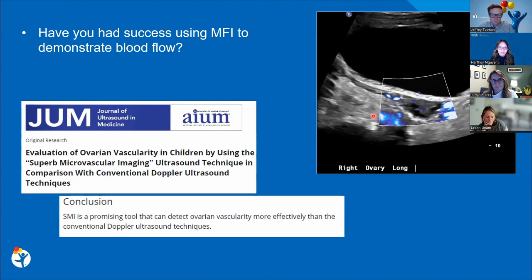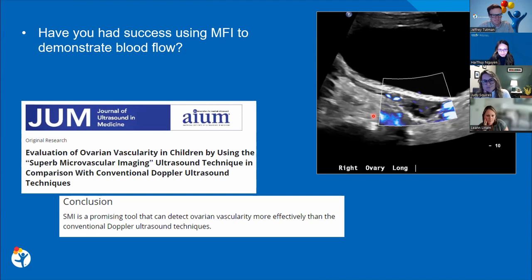But if you're thinking maybe there's an absent flow, and then you put this on and there's no flow, and you feel like it's not technique related, like the patient's not too obese, or you're getting decent signal, then maybe that can further help. But then in a normal size ovary, would you lean towards torsion or not? So I feel like it's a little tricky so far.